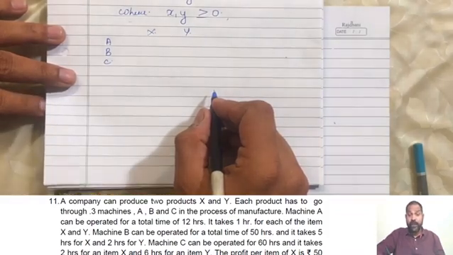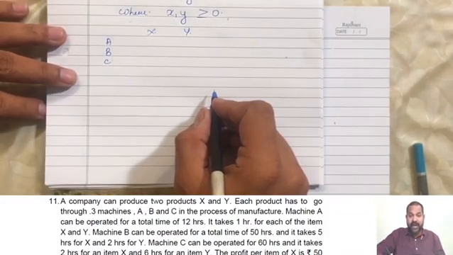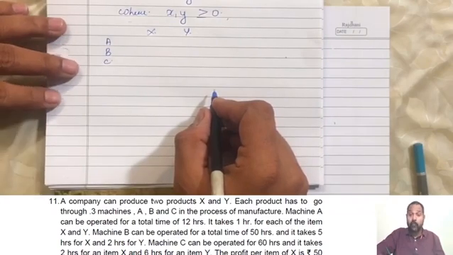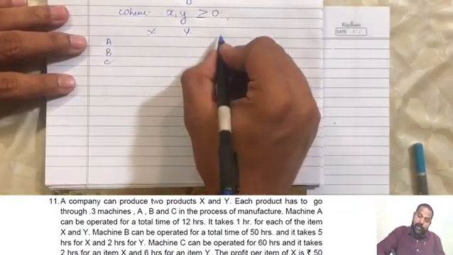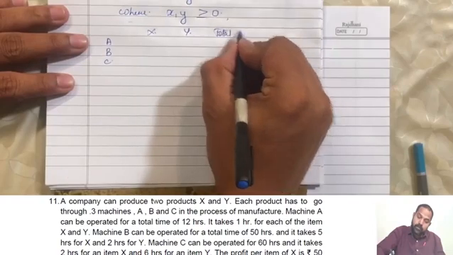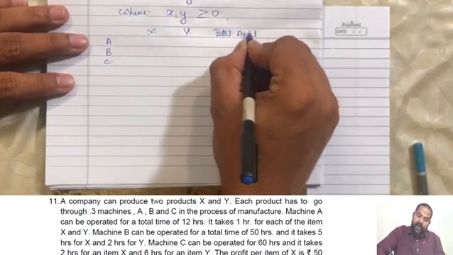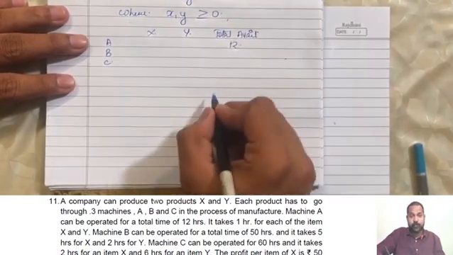In the process of manufacture, machine A can operate for a total time of 12 hours. So the total available of A is given to you as 12 hours.